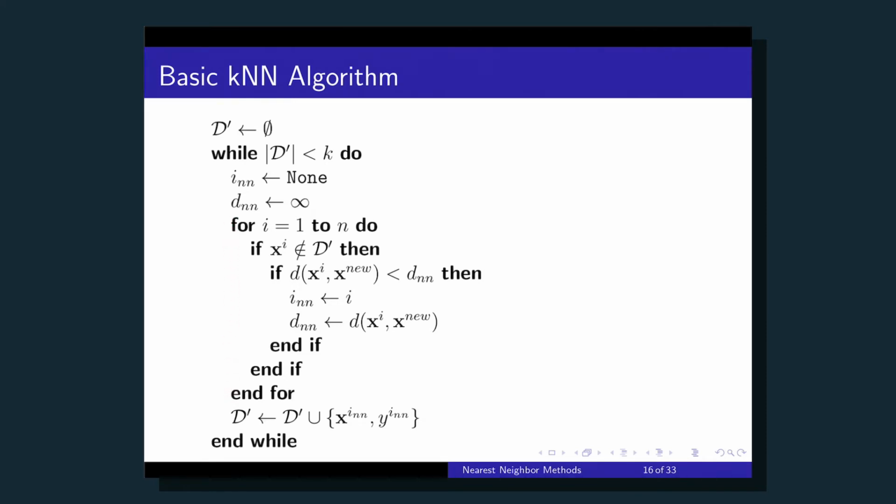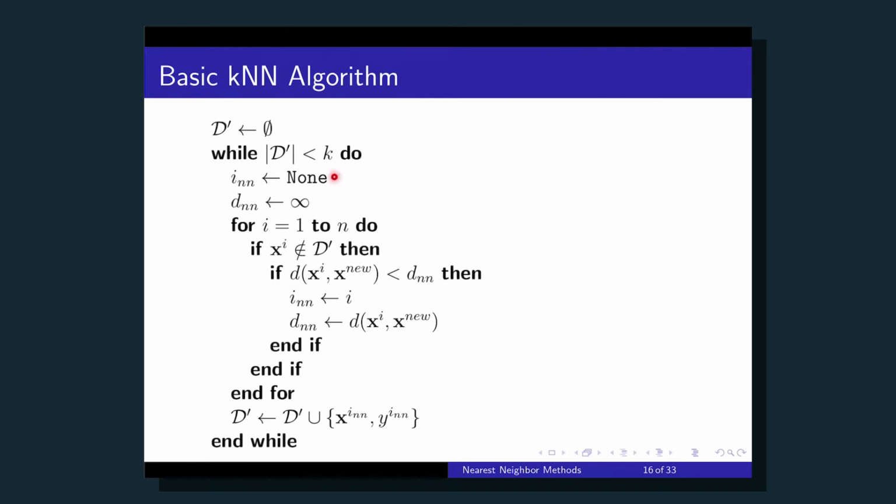So you start with an empty set called d prime. That's going to be the set of your nearest neighbors. And while that set has less than k elements, if you're looking for the k closest points to your new point, inside this while loop, it's the same as one nearest neighbor.